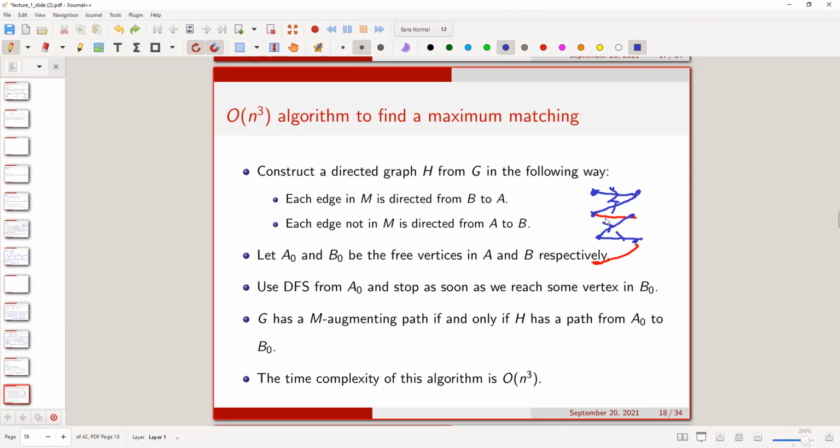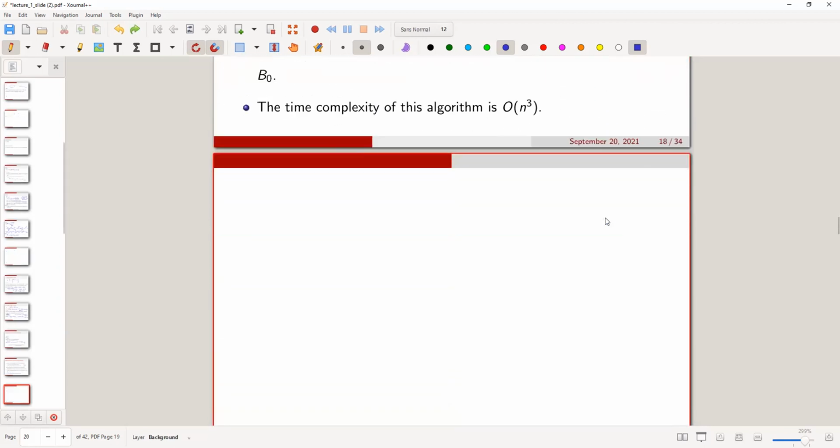Just one minute, I'll draw it a little bit bigger. It will be clearer. Okay. So suppose these are the vertices. And suppose there are some unmatched edges.